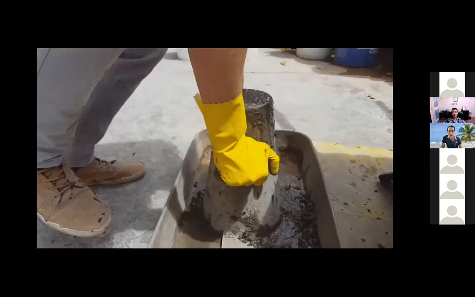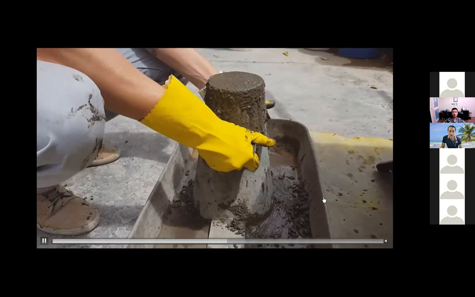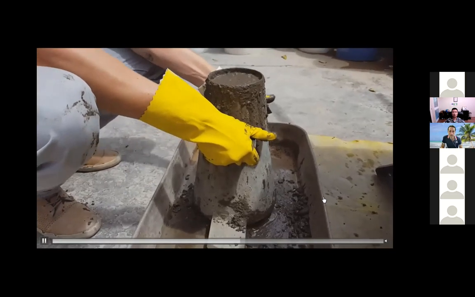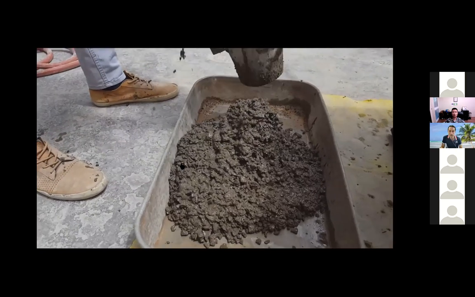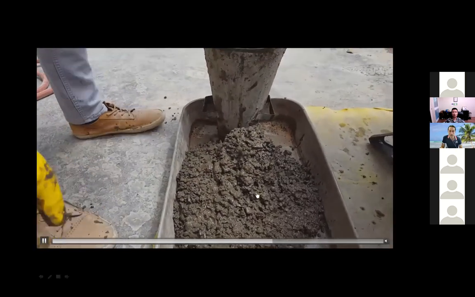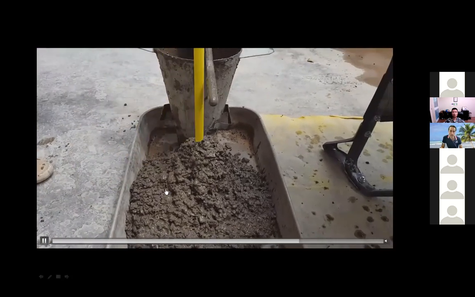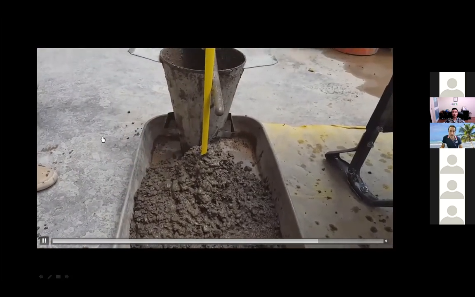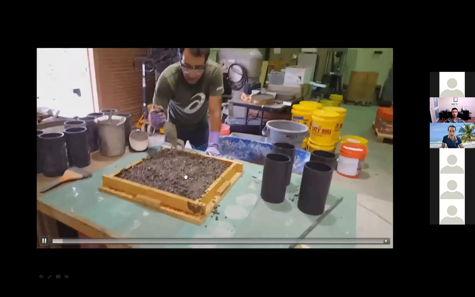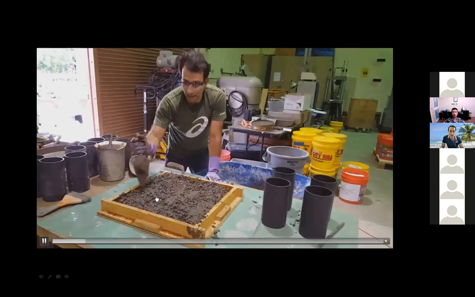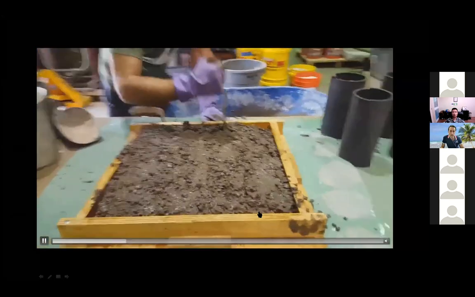We had the slump test, and it is very similar to normal concrete. It is not something weird. It has aggregates, sand, whatever you have as a backbone of your concrete. And here is the concrete in the mold. After almost 45 minutes, it is still workable, and I could fit it in the mold.